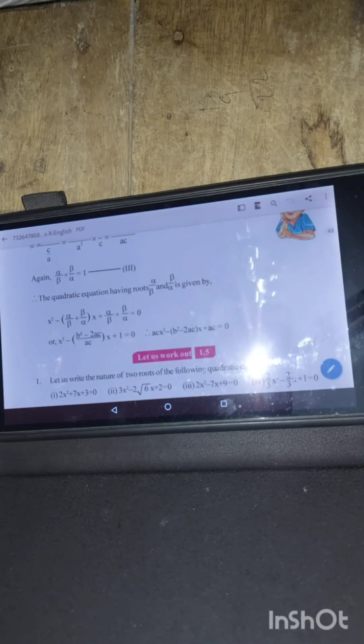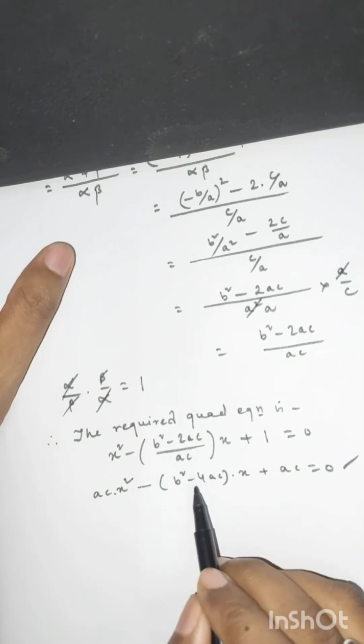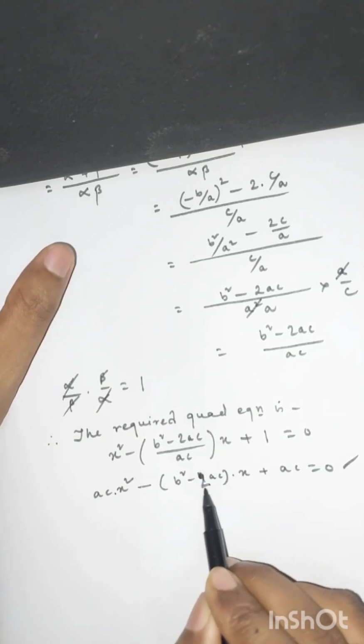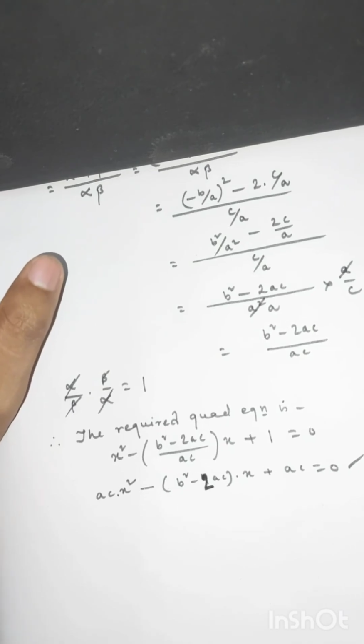Yes, it is correct. B square minus, oh sorry, this is 2AC. Okay, this is 2AC, not 4AC.